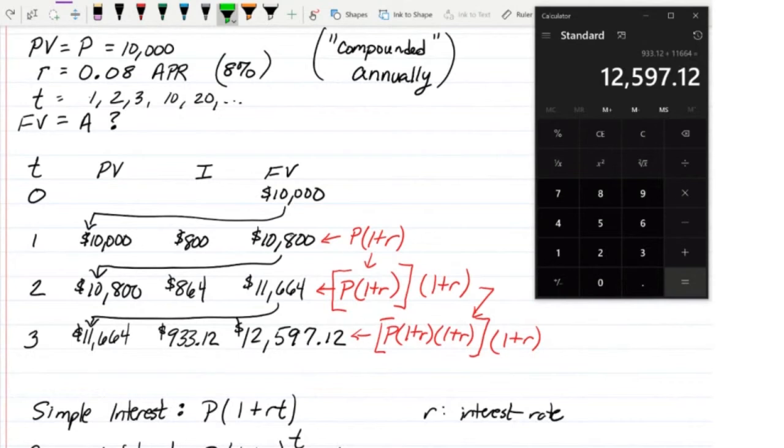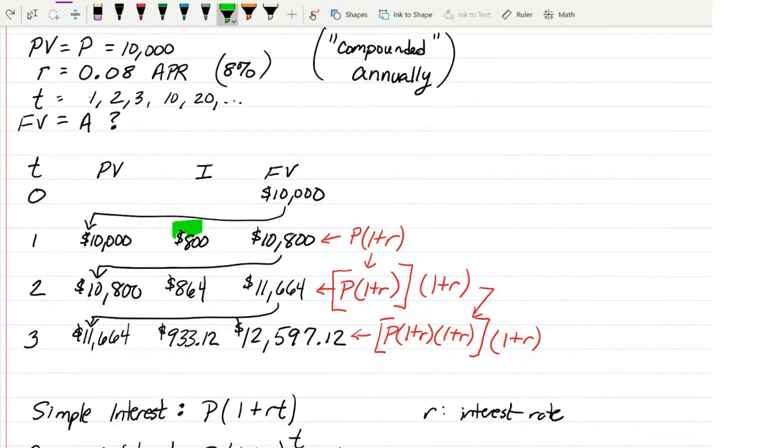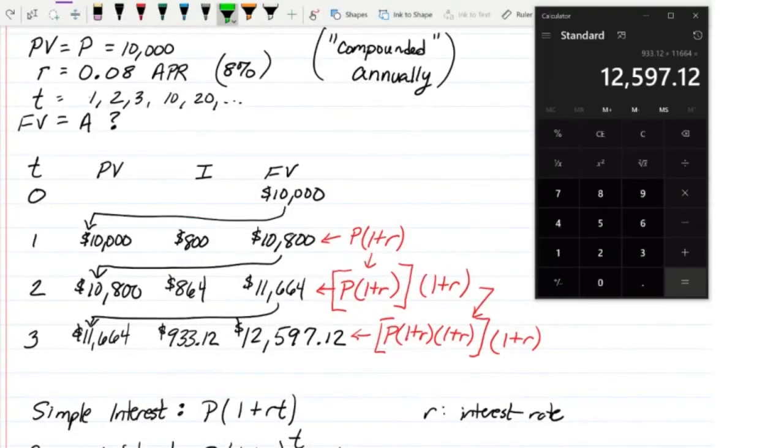You can think of, if you wanted to sort of mentally subdivide this down, that 8% of 10,000 is 800. That was the initial amount of interest. So that must mean, how much interest am I earning on the interest that I calculated from the first year?